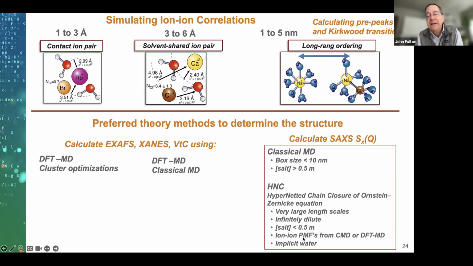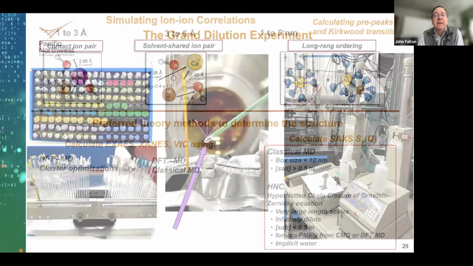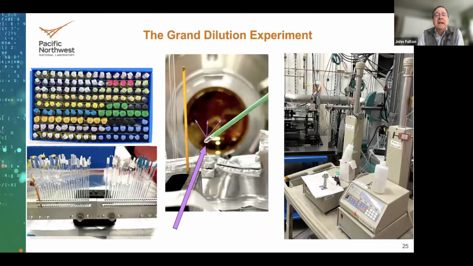The input to HNC is the ion-ion PMFs, and thankfully, you can generate the short-range ion-ion PMFs from a DFT MD trajectory. So there's a lot of quality input into HNC, and it seems to be working quite well at predicting these structures.